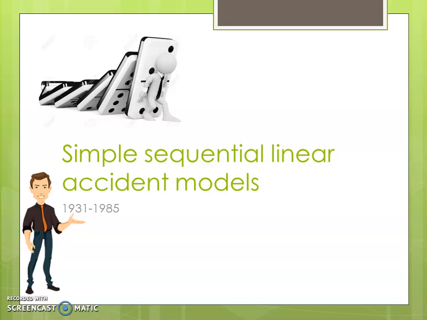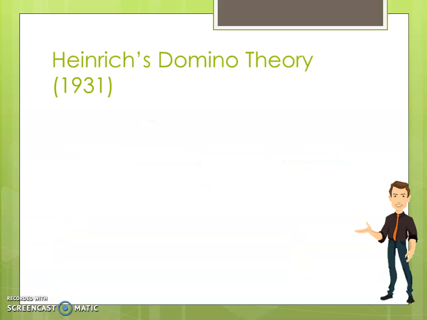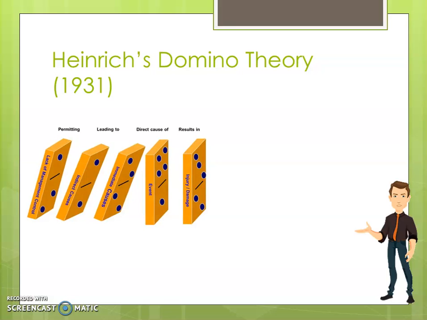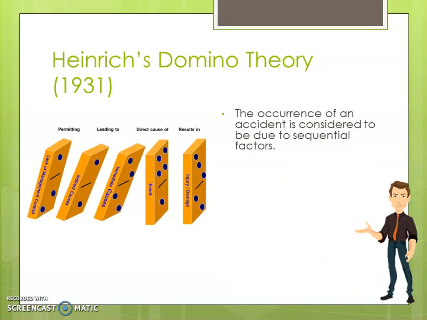Simple linear models began in 1931 and represent a series of events in order until the accident. The first model to be explained is Heinrich's domino theory, where the accident is seen as one more factor in the logical sequence of events to have this ending.